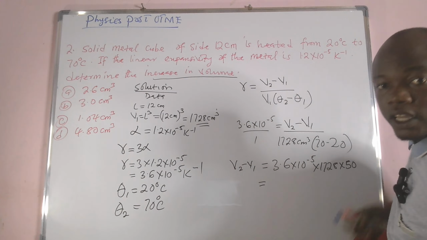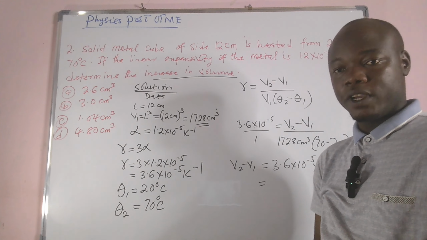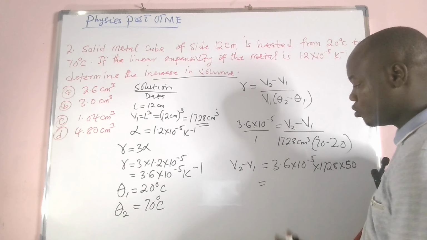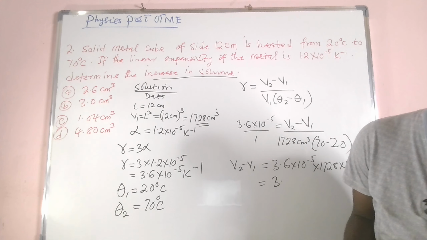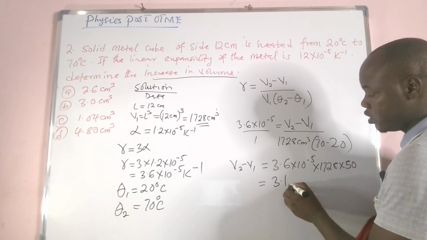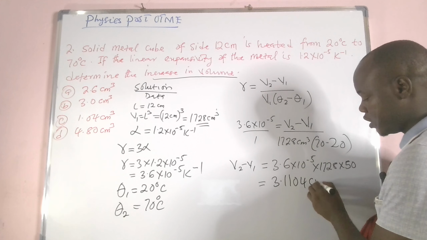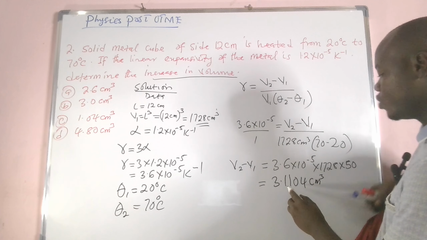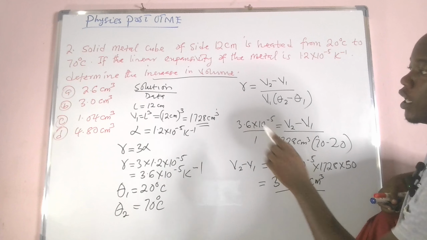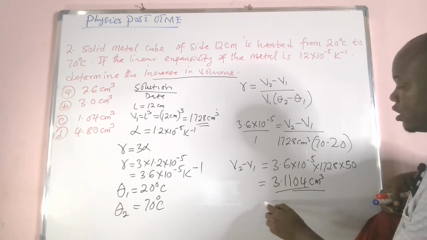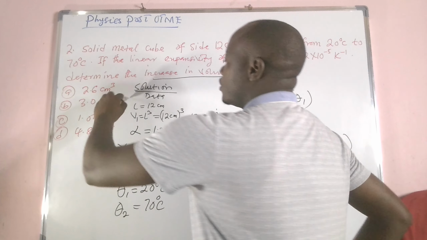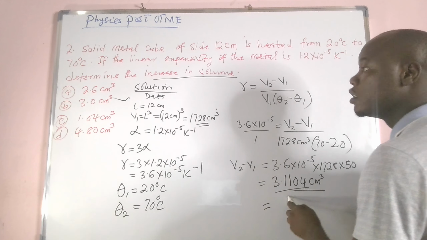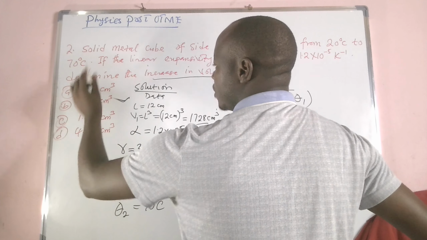If we now take our calculator, we are going to get 3.1104 centimeter cube. So this is the increase in volume. So which one looks like our answer? It is going to be option B, because when you approximate this, it gives us option B.